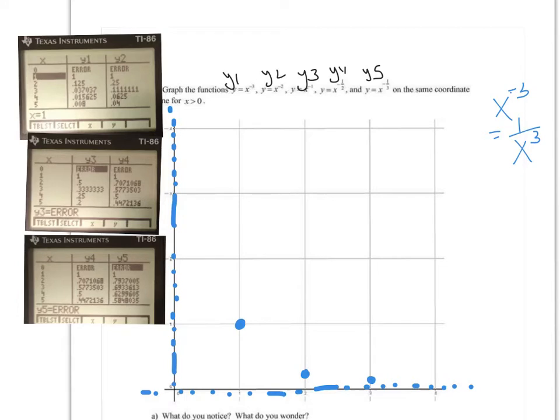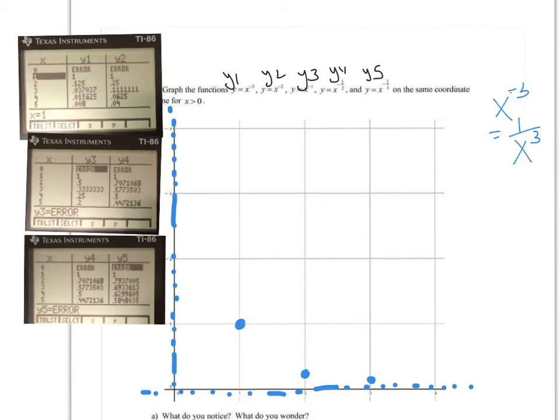Now, if we look between 0 and 1, it's just going to approach the x-axis. What I could do in the table is change it to half units, but I'm not going back to take those pictures again. Instead, I'll do 0.5 to the -3 just to see what that comes out to.